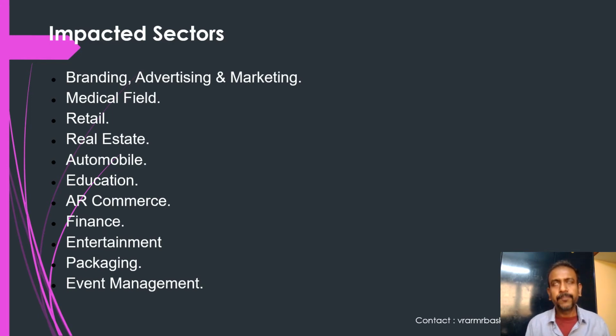Another is the retail market, or AR commerce. Right now, e-commerce is famous, but by providing 3D models of the product the consumer is going to purchase, we can give the consumer the facility to scan the 3D product on a mobile phone, mixed reality set, or augmented reality headset, and place the product in the real-world environment.